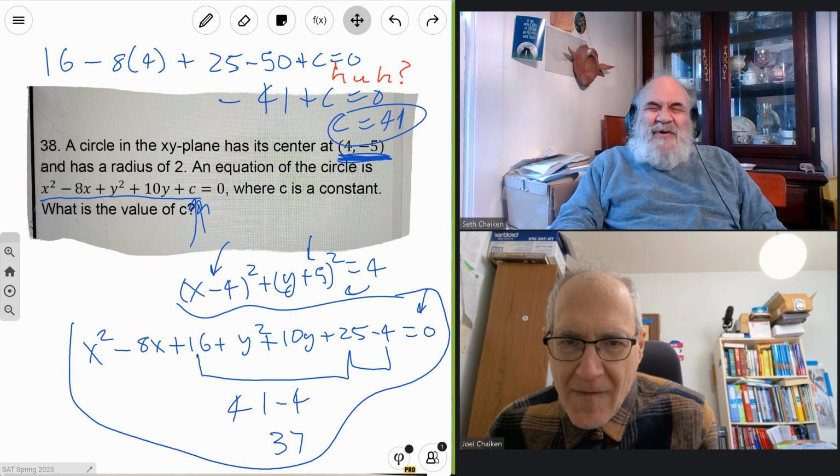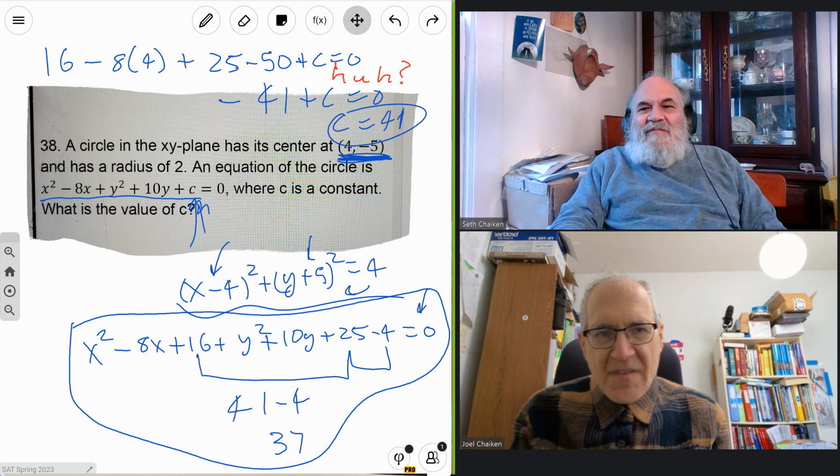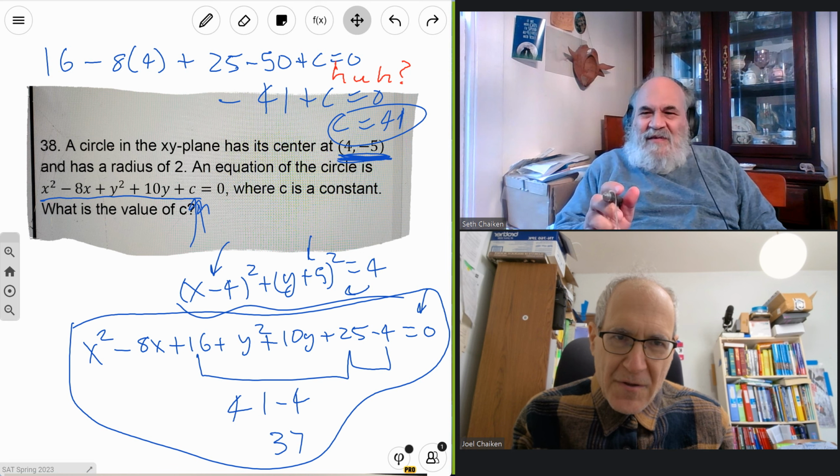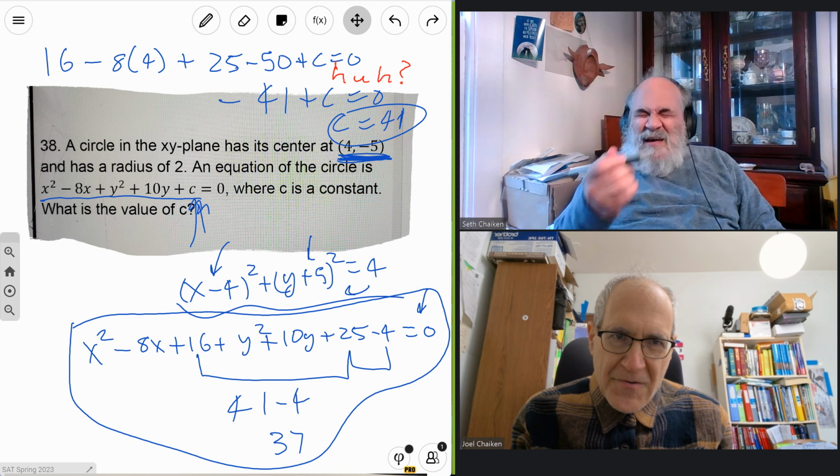Well, what's the principle of what you get when you plug in the center coordinates? What do you get for plugging the center coordinates in that's interesting?